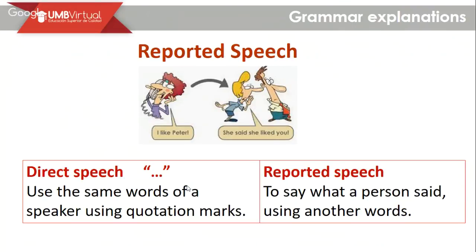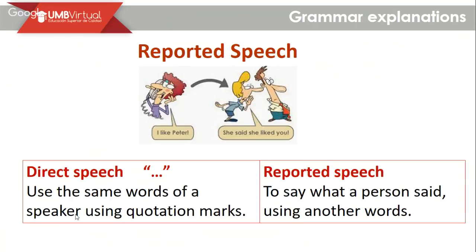All right, so here we have reported speech. I like Peter, she said she liked you. All right, so we can see right here there are some differences between the use of direct speech and reported speech. All right, why? Can you tell me why? Because in direct speech, we have to use the quotation marks.